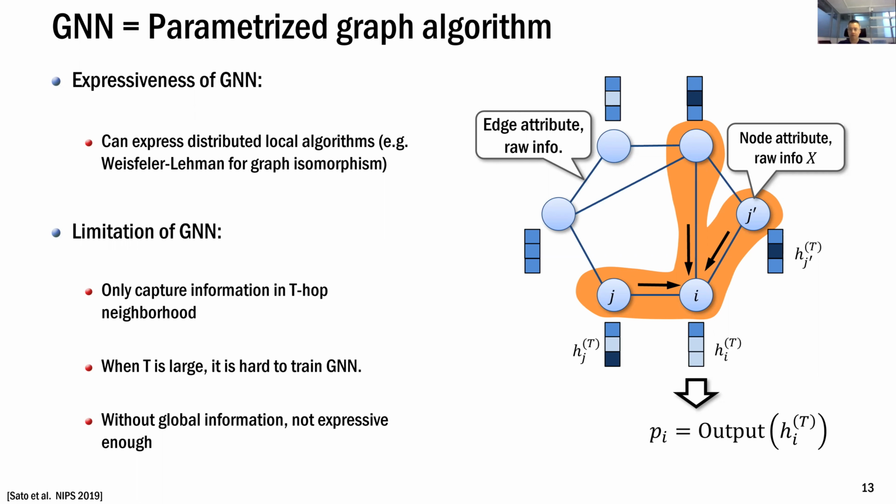Maybe you also have a gradient decay or diminishing problem like what you see in recurrent neural nets. So this limitation actually prevents people from running graph neural nets for many hops, especially on large graphs. And people often find that even if you increase the number of hops, graph neural net doesn't seem to be helpful, okay, to capture more information.